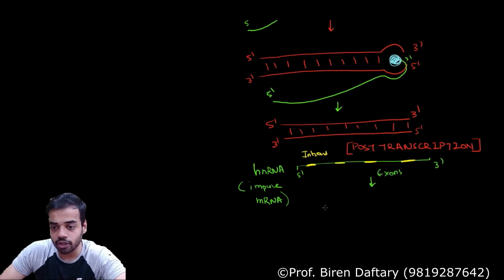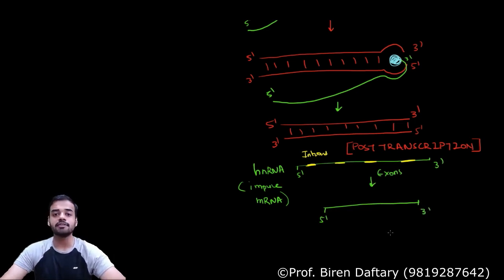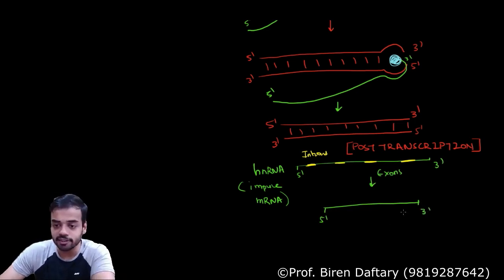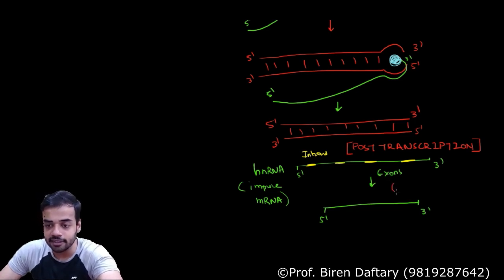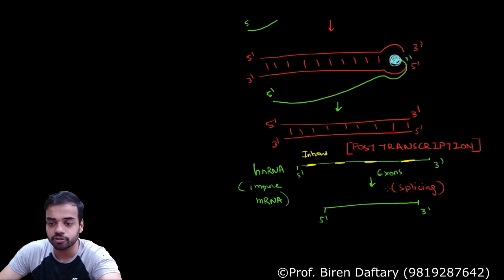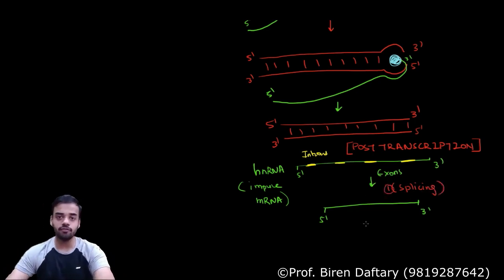You will have a shorter mRNA or heterogeneous RNA. Why it will be shorter? Because the introns have been removed, and this process I will write here as splicing. So splicing is the first post transcriptional modification, the first process that happens after transcription.